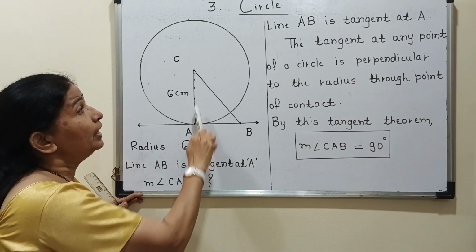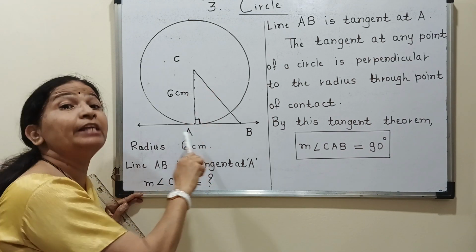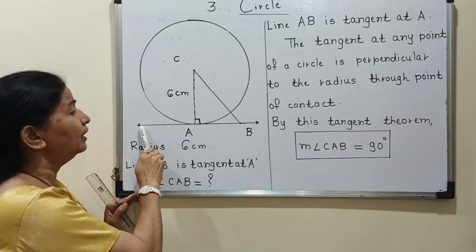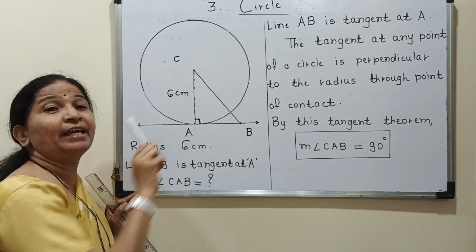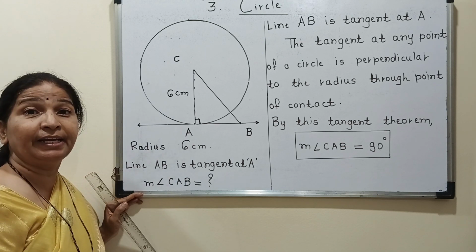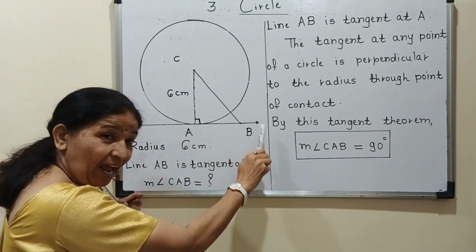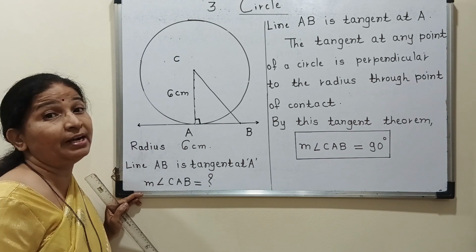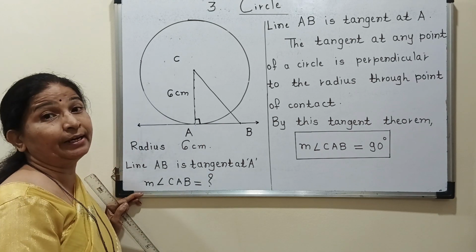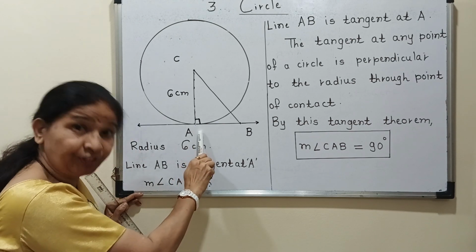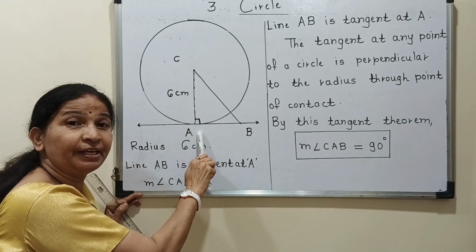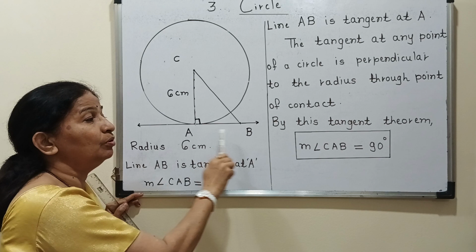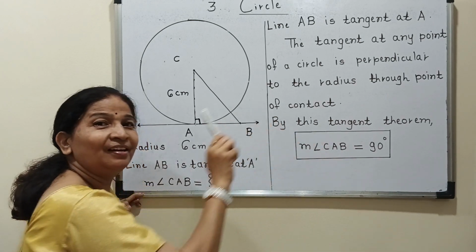Now here this one is perpendicular to this tangent. Perpendicular means making an angle of 90 degrees. As it is a tangent, it is called the tangent theorem. And by this tangent theorem, this angle CAB is equal to 90 degrees.